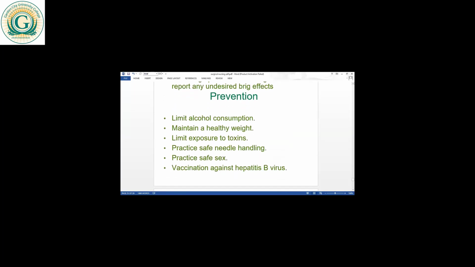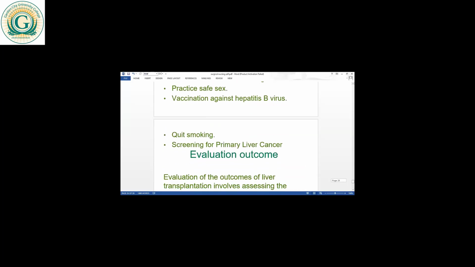We highlighted limiting alcohol consumption, maintaining a healthy weight, limiting exposure to toxins, practicing safe needle handling, practicing safe sex, vaccination against hepatitis B virus, quitting smoking, and screening for primary liver cancer.